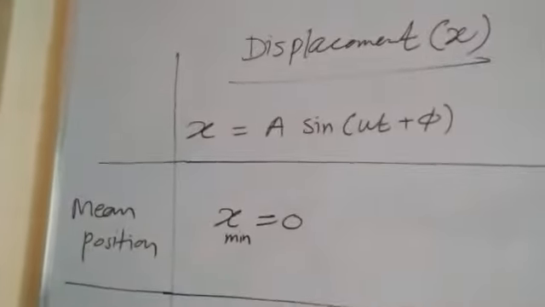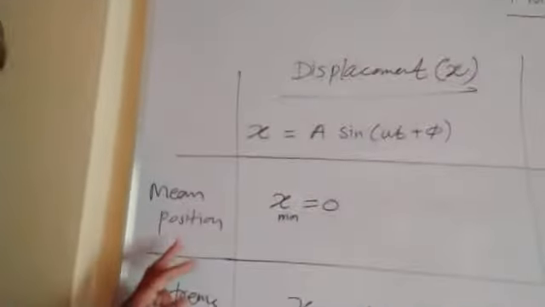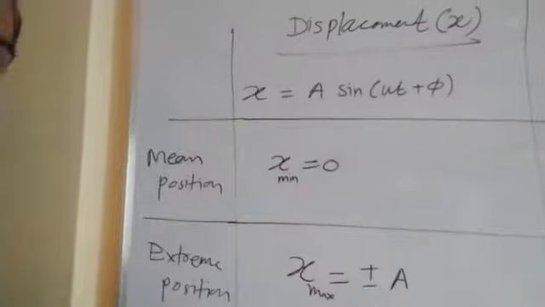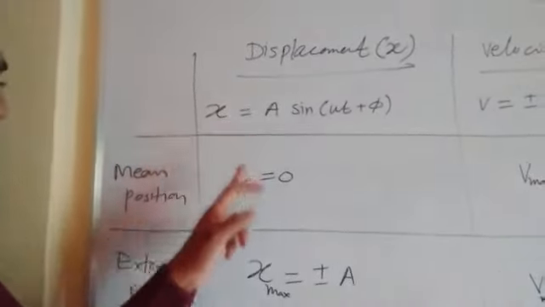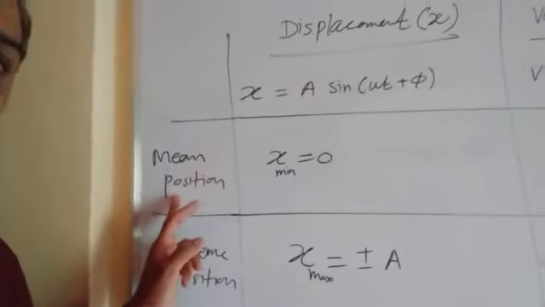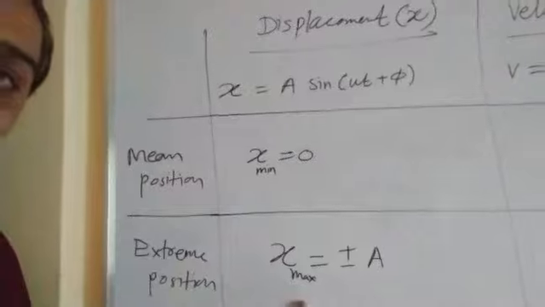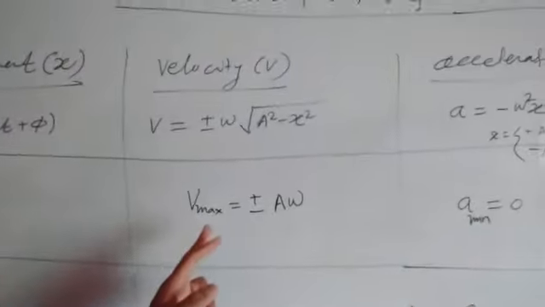Let's revise once again. At the mean position, displacement first of all we will see. There are two positions, mean and extreme. This is the general formula for displacement. At mean position, x equal to 0, so it is the minimum value. At extreme position, x equal to plus minus a, that we have seen in the diagram. Same thing in case of velocity.